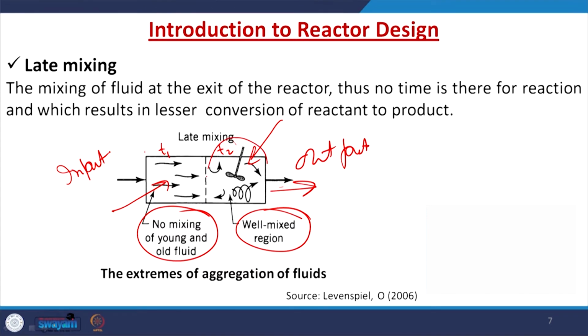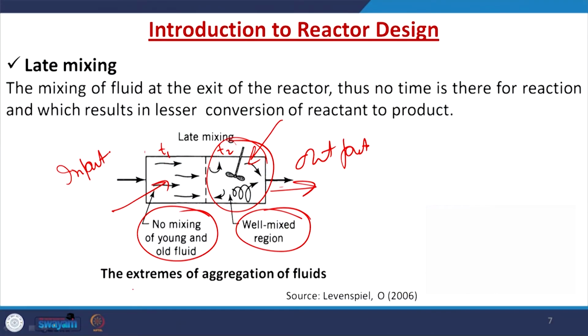So this gives you a proper agitation and proper mixing, so that the conversion may be on the higher side. But the time consumption for this particular mixing is on the lower side. So these are the extremes of the aggregation of a fluid.